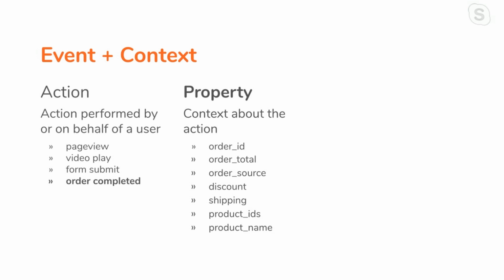So you have order ID, total, source, discount, shipping, product IDs. There could be multiples, of course, and product name as well. And if you map this to Google Analytics, you have the transaction hit, which actually collects a lot of these pieces as well. Typically each of these things would have some sort of context that you would use.